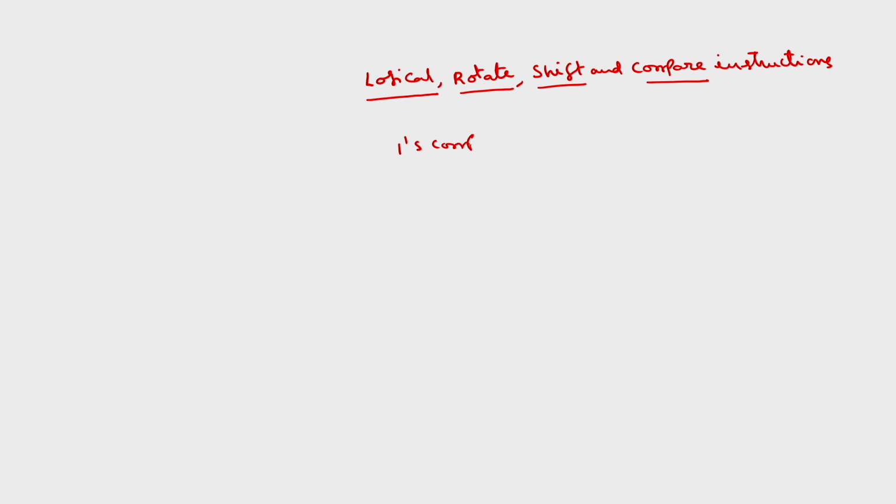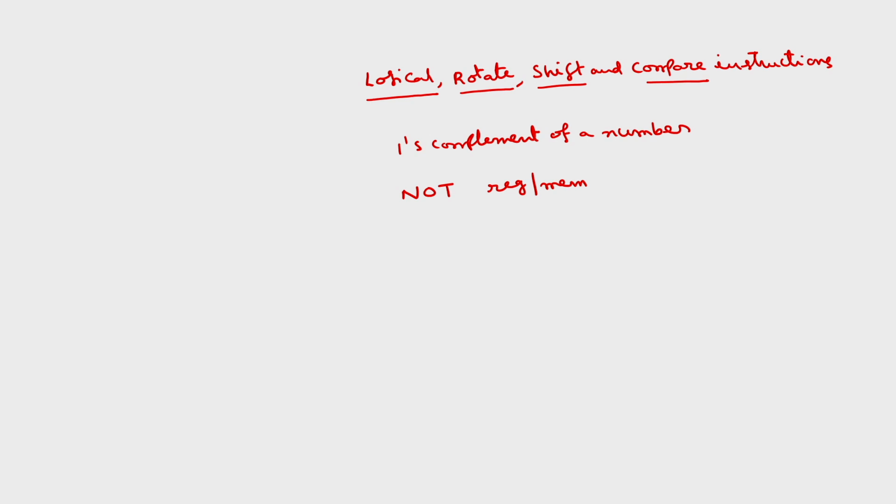Corresponding to each operation we have 8086 instructions. First, if you want to find out the 1's complement of a number, we have a direct instruction which is called NOT. If I write NOT, we have to specify register / memory.